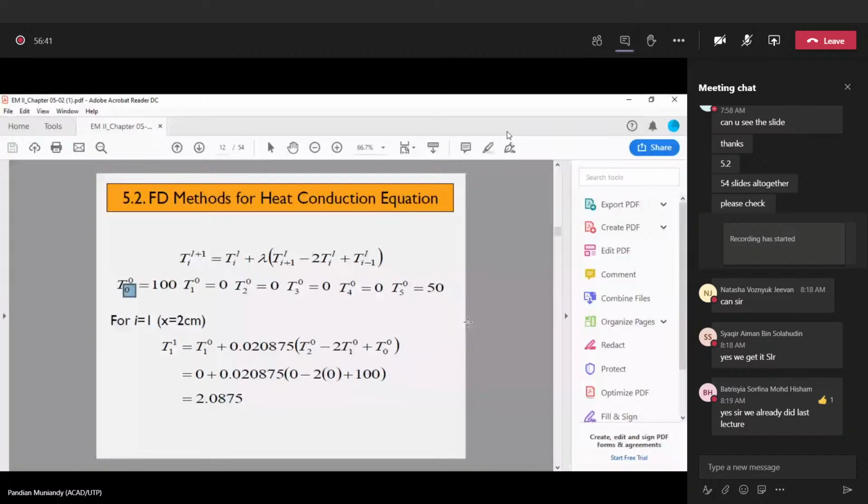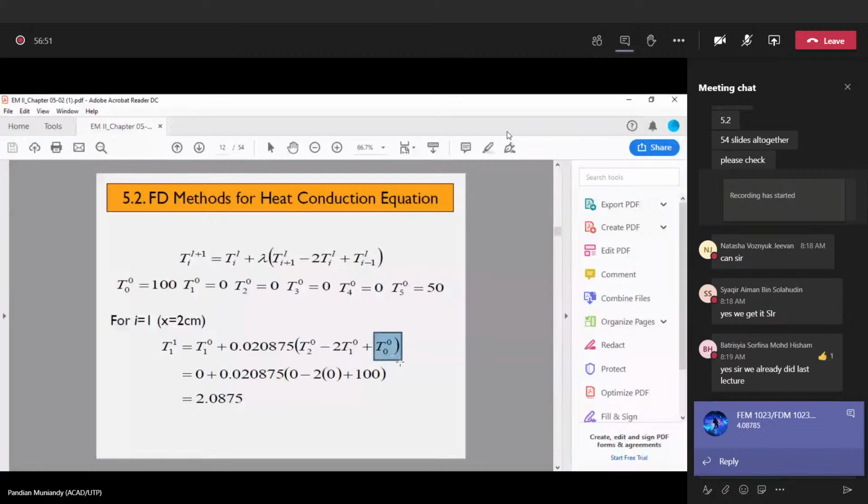This one plus this value is the T00, so this will be the same as T10. So what is the value, class? Can you give me the value now? This is at x 2 cm, I is 1.